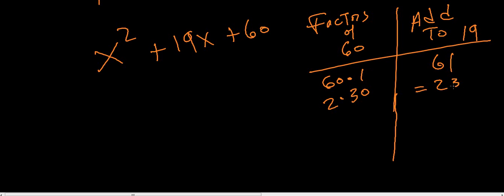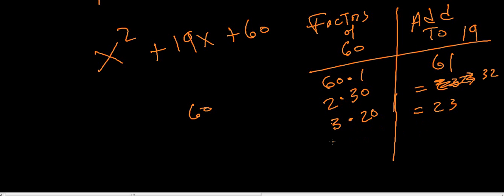Well, that adds to 32. What about 3 times 20? Well, that adds to 23. 2 plus 30 is 32, 3 plus 20 is 23.